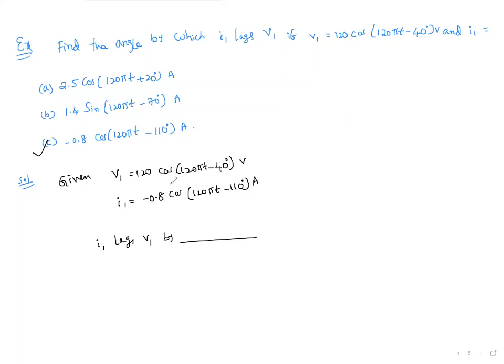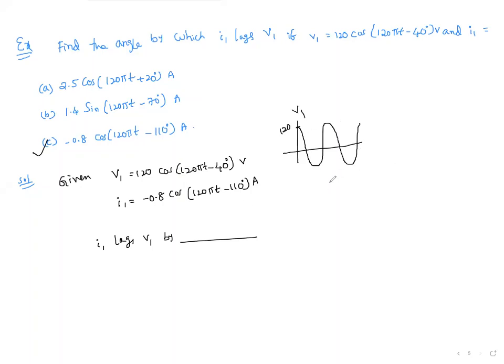If I see these two, both are cosine functions. But I can't compare directly here because I also need to check the sign of the amplitude. If I draw this V1 in a plot, this is cos, this is 120, for V1.